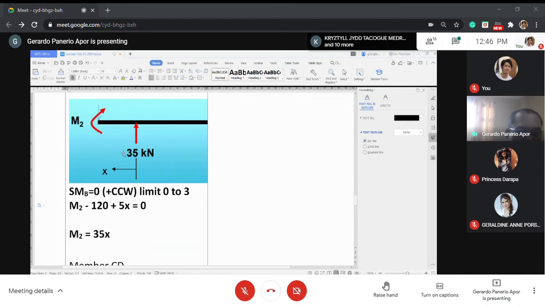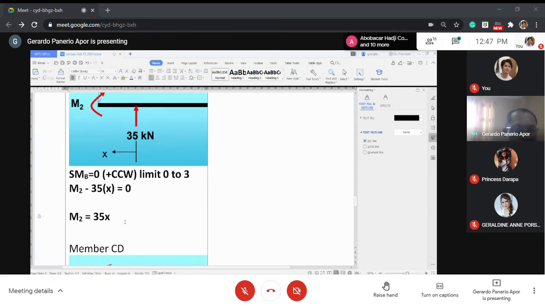M2 rotates in a positive manner, and then minus 35 times x equals to 0. So that's it. You have M2 equals 35x.